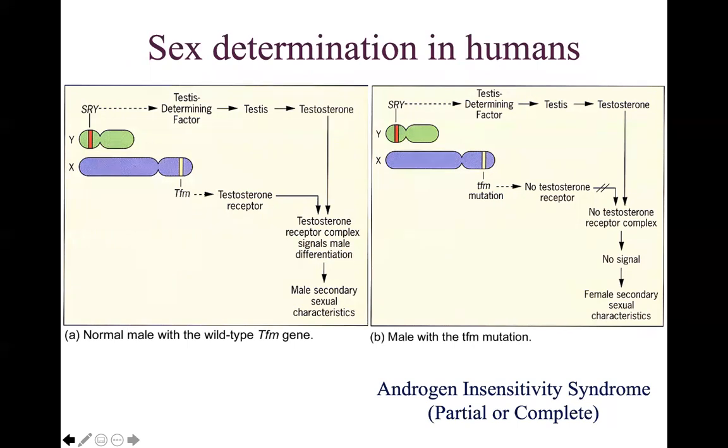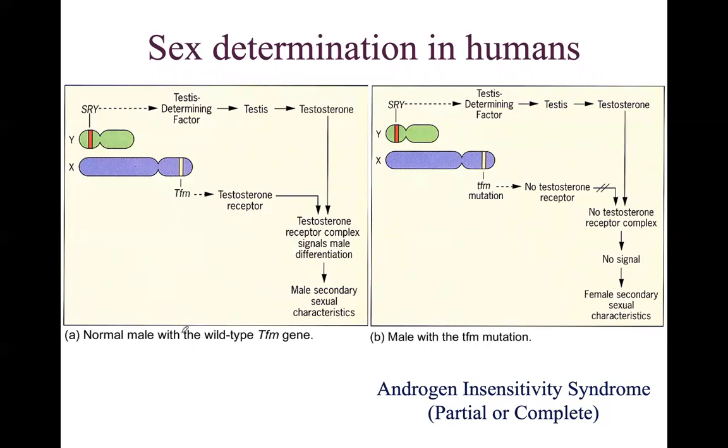I get questions with regard to people whose chromosomes are a little bit abnormal. Can you have an individual who's XY but female? Can you have quadruple X? And it's in human genetics that I go through all of that. But usually the answer to all those questions is yes, which is very strange. But the question is, how does that work? Let's take a look here on the screen.